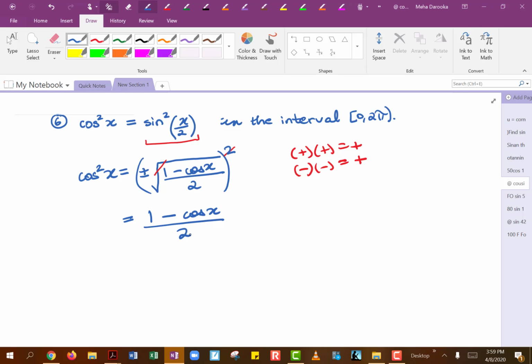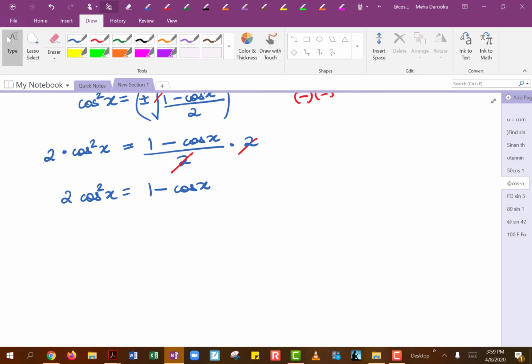Okay, and then the next thing we want to do is get rid of that denominator of 2. So we're going to multiply both sides of our equation by 2. On the left hand side, you'll end up getting 2 times cosine squared of x, and then 1 minus cosine of x will be left behind on the right hand side, right? So now to solve this, we want to bring everything to the left hand side.